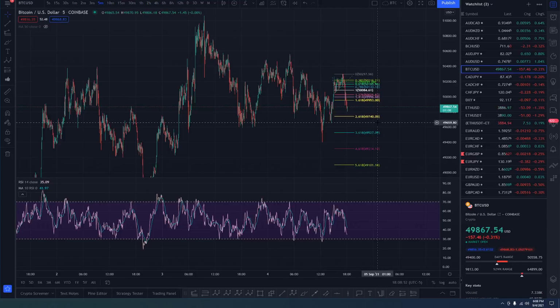I'm trying to see this down, but I can't see anything other than a flat right here.